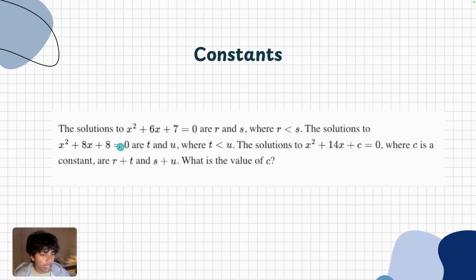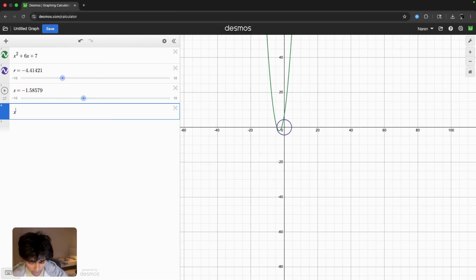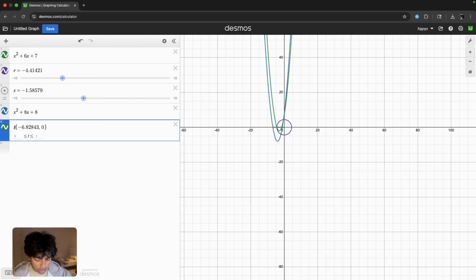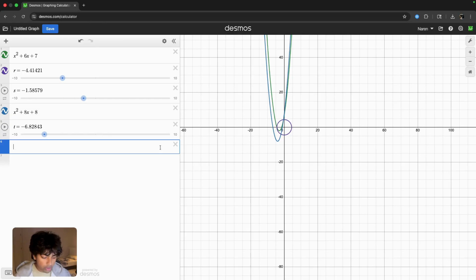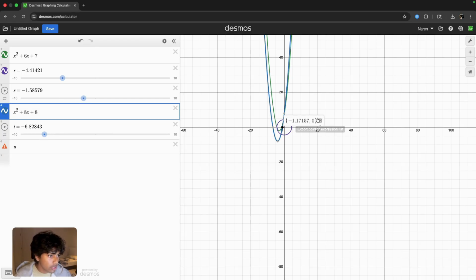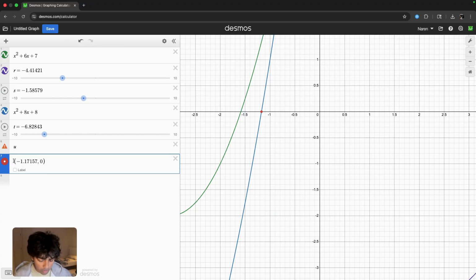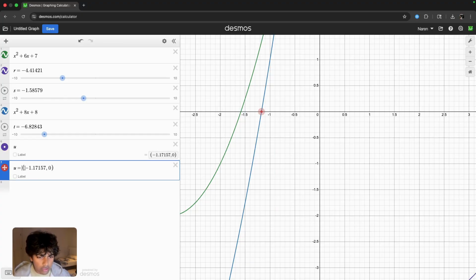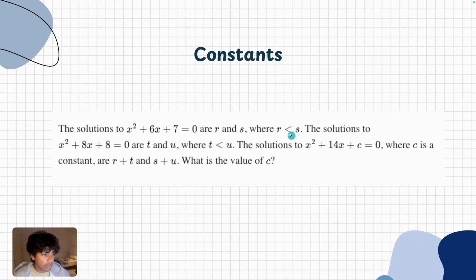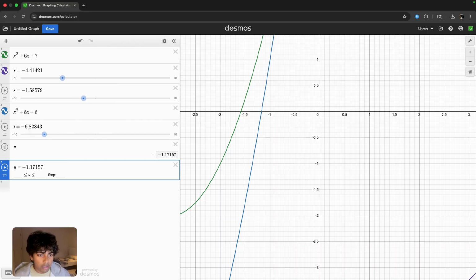So x squared plus 8x plus 8. Let's find t and u. t is this one right here, so t equals this, and then u equals this one right here. So u is equivalent to this. We can make sure because t is less than u and r is less than s. Makes sense.